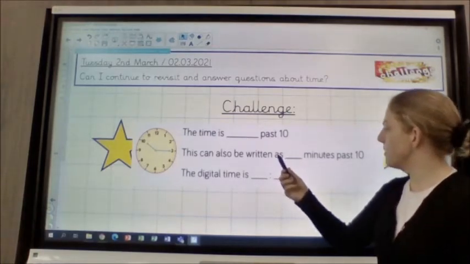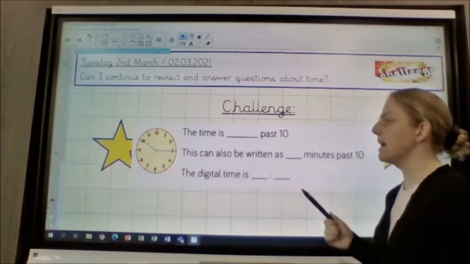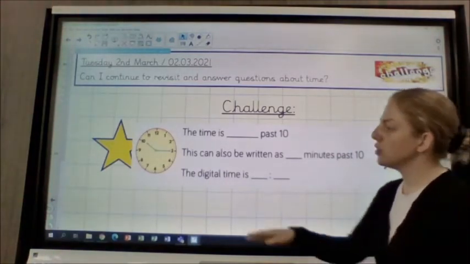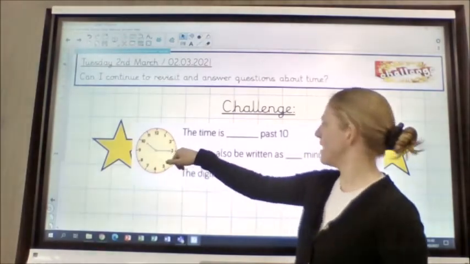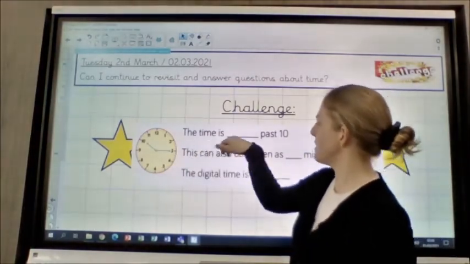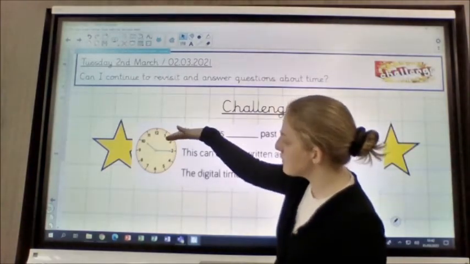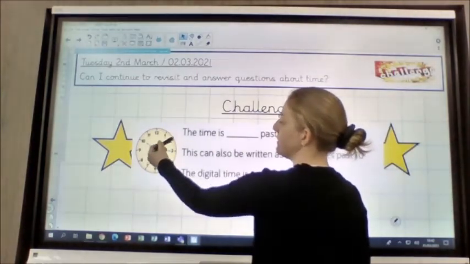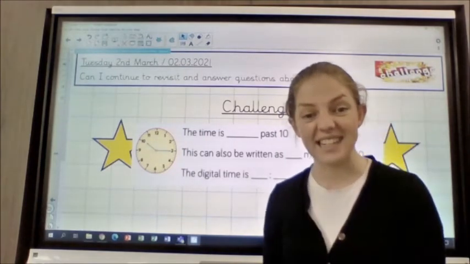This can also be written as something minutes past 10. The digital time is. So you need to look. We know that it's 10 something, but it's not 10, the time is 3 past 10. That's not right. So remember, we go up in 5s when we count the minutes, so it goes 5, 10, 15, 20. So how many minutes past 10 is it, okay?